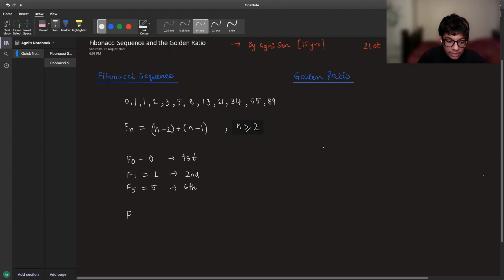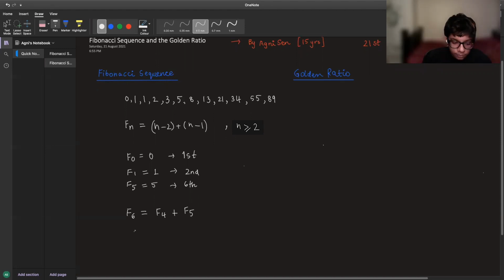Let's take F of 6. We know F of 6 will equal F of n minus 2, where we know 6 is equal to n, so that will be F of 4, plus F of n minus 1, which is 6 minus 1, so 5, plus F of 5. Okay?